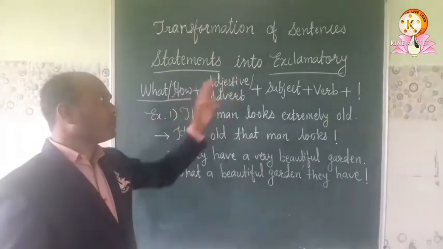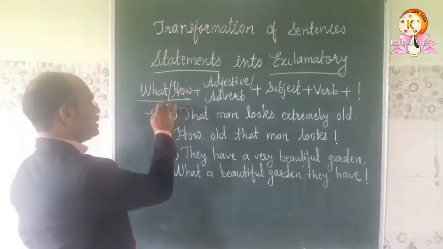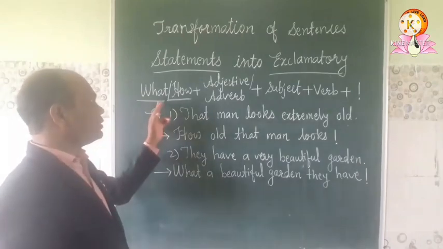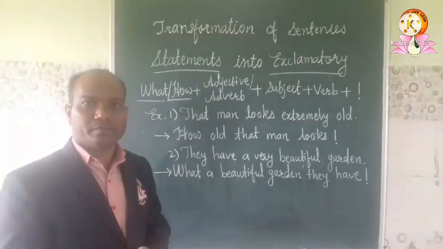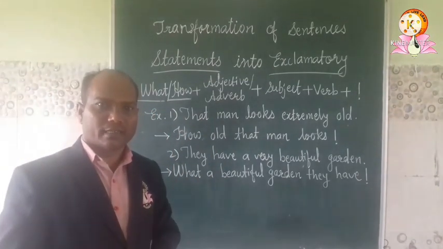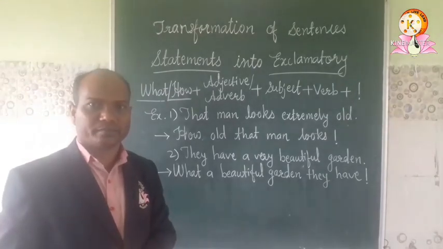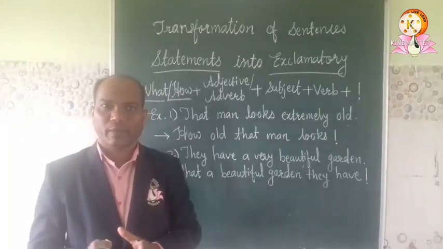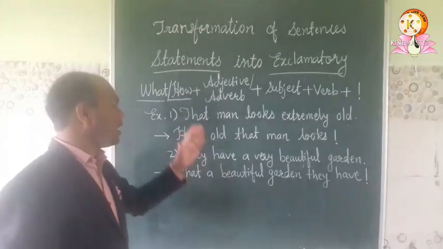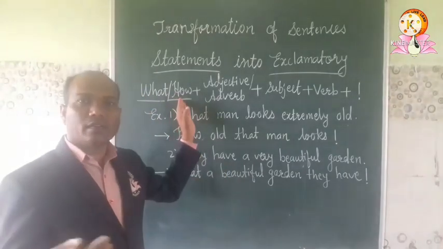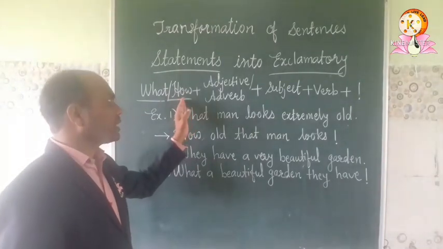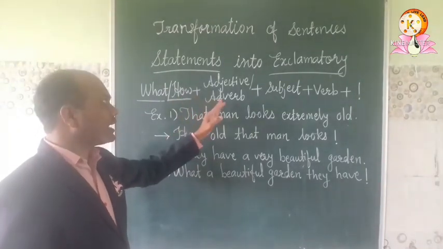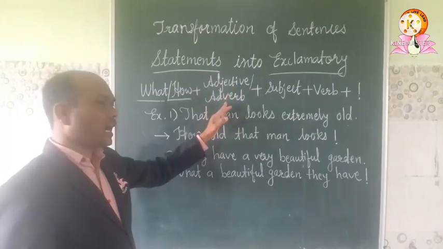"What" is used when there is "a" or "an" in the statement. And if "a" or "an" is not given in the statement, then we use "how." After them, we can use adjectives or the adverb.